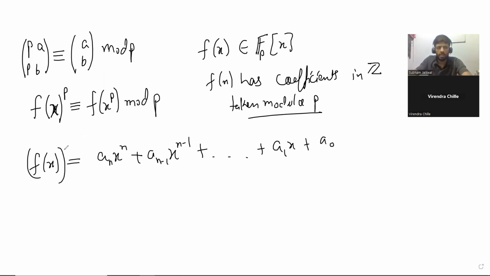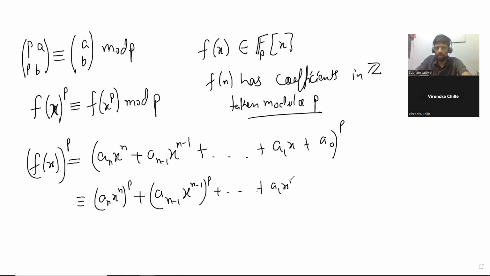Now, if I raise this to the power p, then you have proved already that this is equal to a_n^p x^(np) plus a_(n-1)^p x^((n-1)p) and so on, correct? You have proved for two terms. And now you know also that a_n to the power p will again be a_n, because a_n is in F_p.